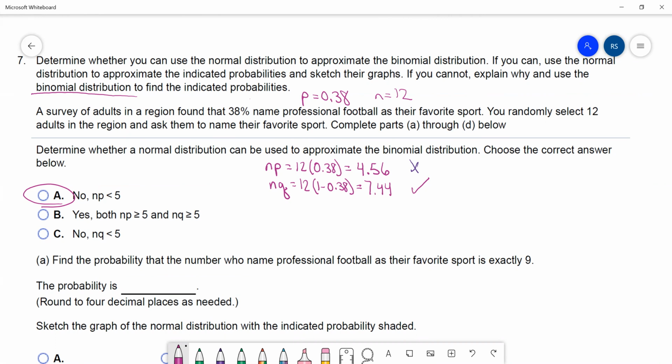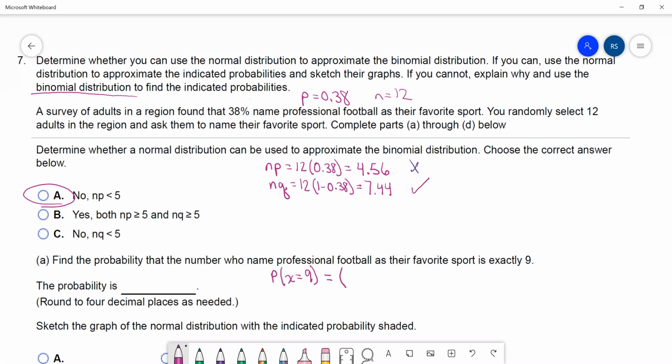So A, we're going to have to just use the binomial. We can't use our shortcut. Darn the luck, but we can't. So find the probability that the number who name professional football as their favorite is exactly 9. So we want the probability that X equals 9.